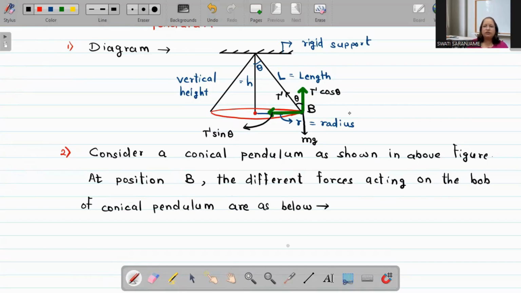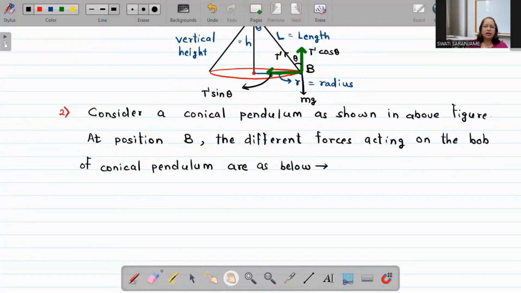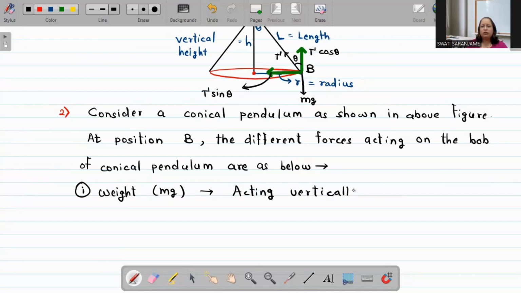First, we write the weight mg, acting vertically downward.